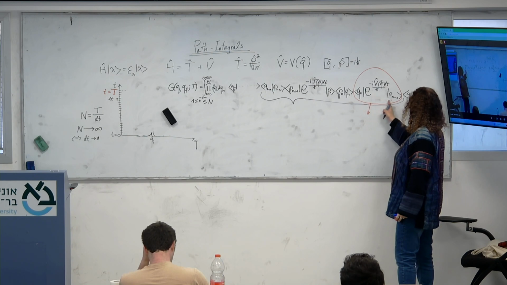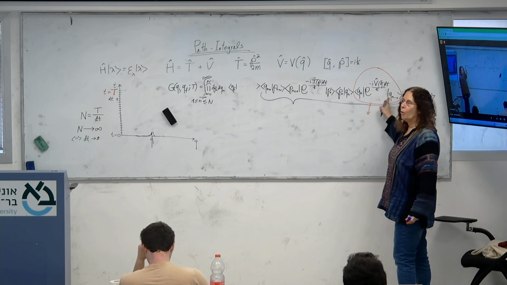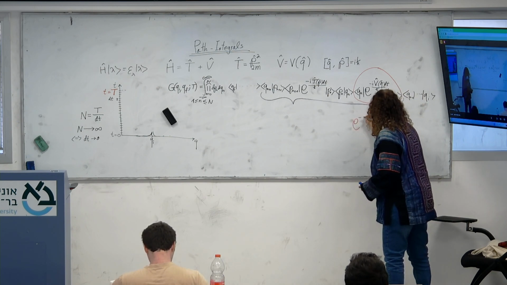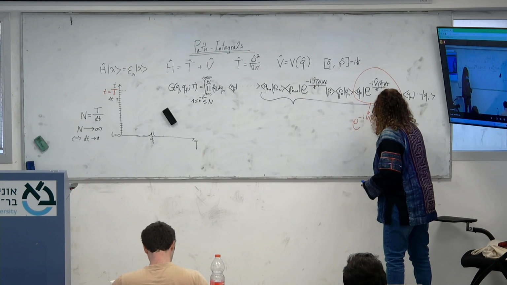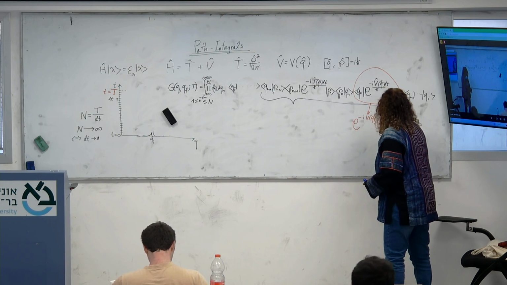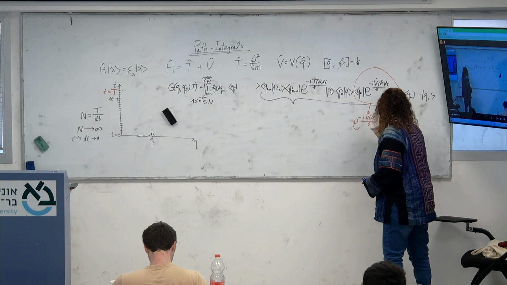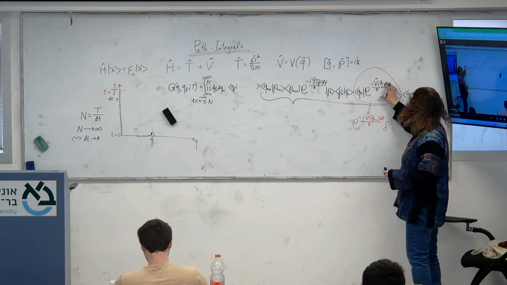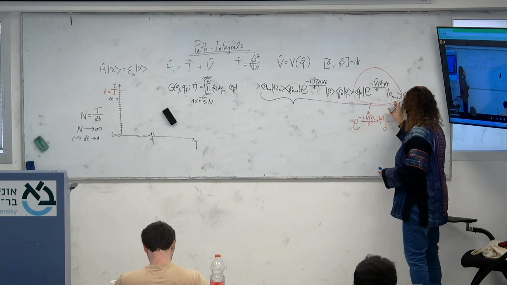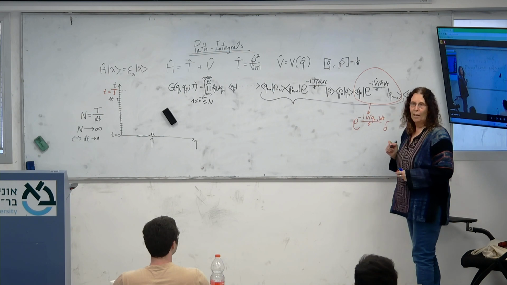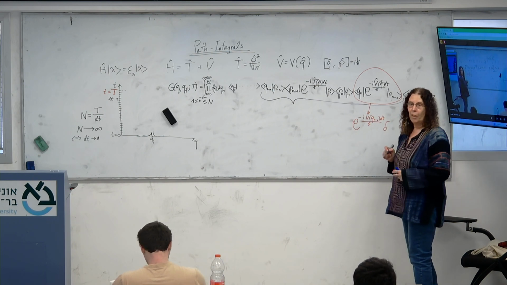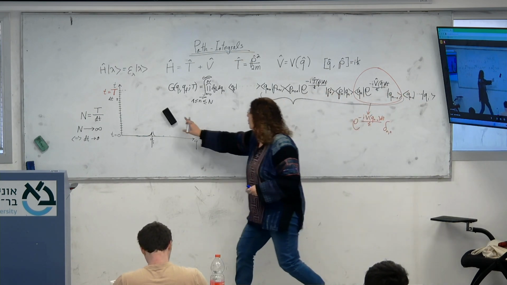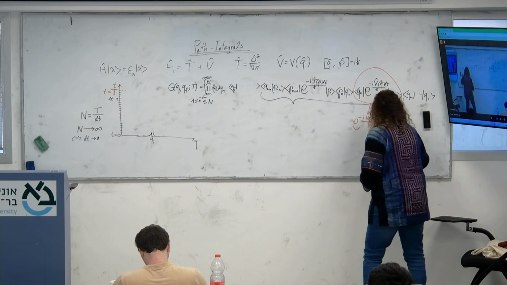Because a state with well-defined Q is an eigenstate of it, it gives you nothing but e to the minus i V of Q_{n-1} dt over h bar times a delta, because after I replace it by its eigenvalue, I get Q_{n-1}, and because it's an orthogonal state, it gives me a delta of Q_n and Q_{n-1}.